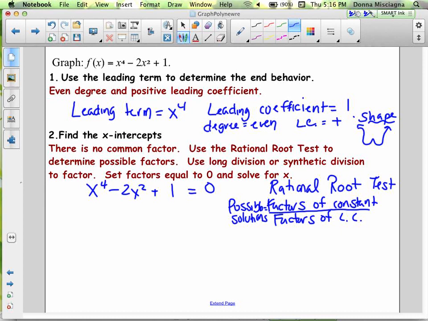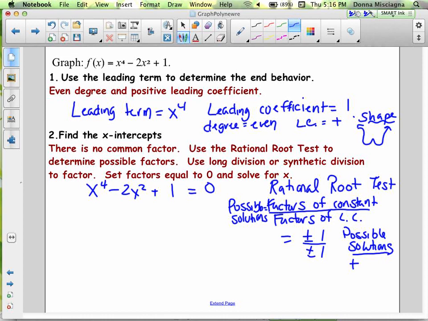And our numbers are really small to work with. So for the constant term, our only factors are positive and negative 1, because our constant term is 1. The leading coefficient, we said before, is 1. So our only possible rational solutions.